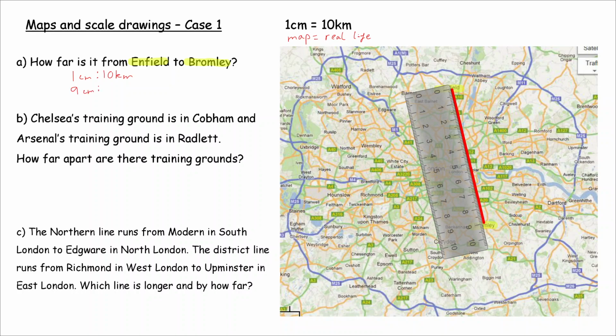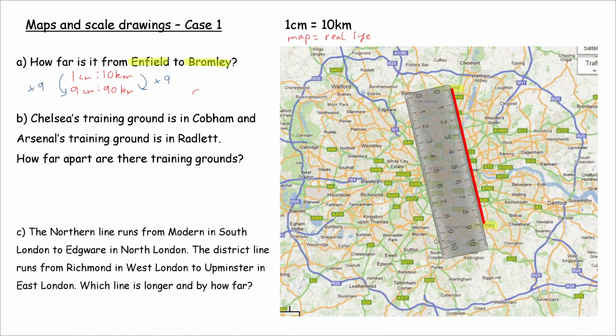To get from 1 to 9, we're timesing by 9. I can do the same thing over here and times that 10 by 9. 10 times 9 is simply going to be 90. So 90 kilometers. Okay. So we can see that on the map, 9 centimeters, which is this distance here, is the same thing as 90 kilometers in real life. So the answer is 90.